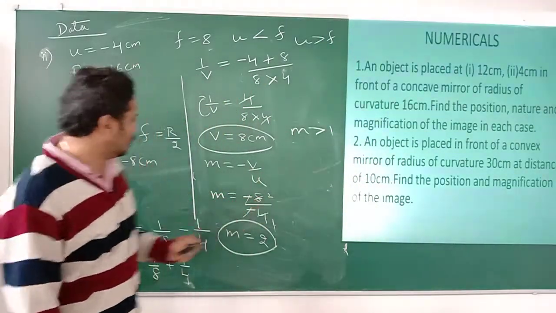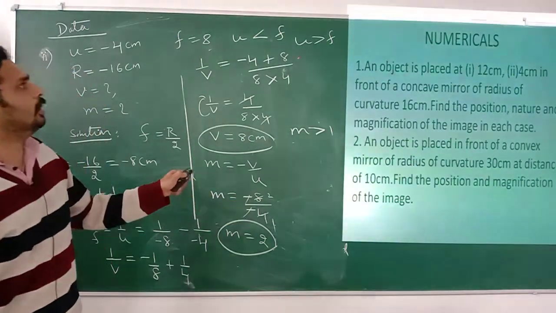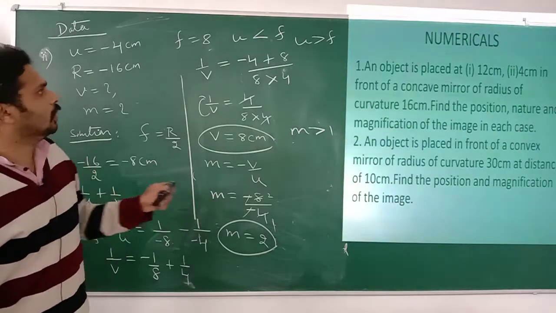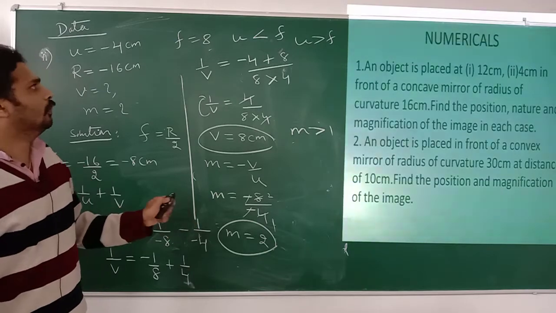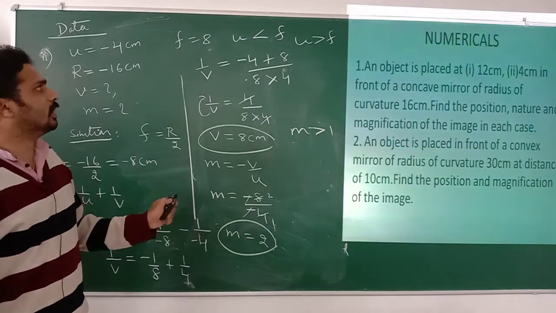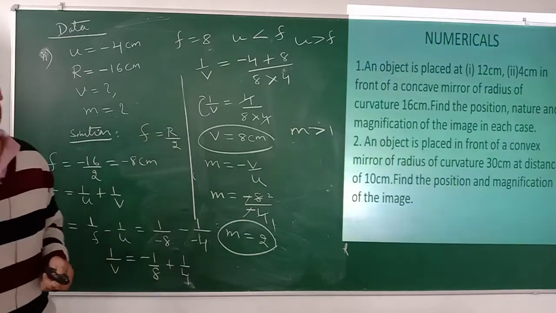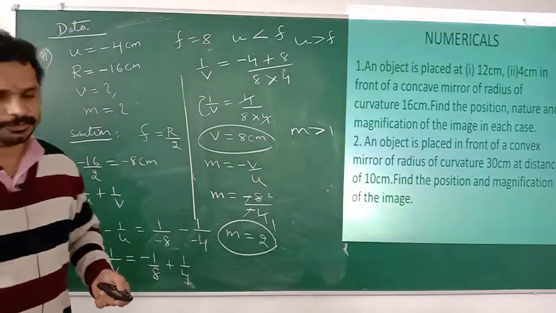Here 12 centimeter, focal length is 8. In the first case, object distance is greater than focal length, we got real and inverted image. In the second case, the object distance is less than focal length, because here 4, focal length is 8. We got the virtual and enlarged image. It's clear? Okay. Then move on to the second numerical.